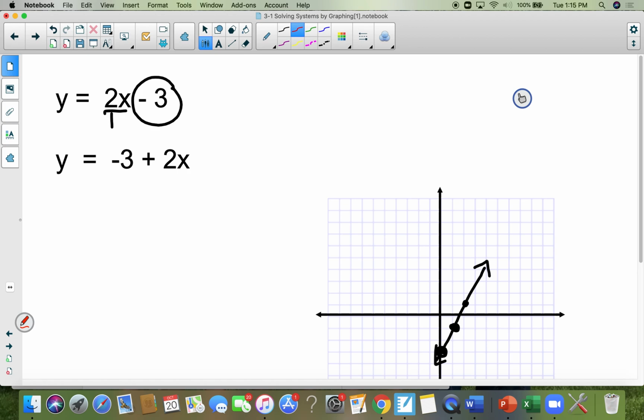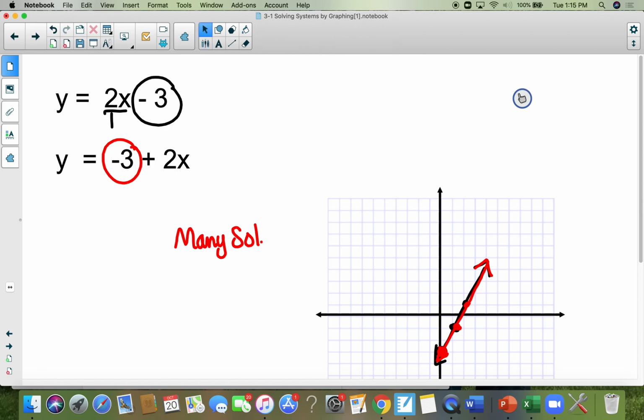The second equation, I'm going to put my first dot at a -3, and I'm going to go up 2 and over 1, and look what happens. They go right on top of each other, so the solution, they intersect everywhere, so it's many solutions. So those are the three scenarios that you're going to have to look at when you solve 3.1 problems.